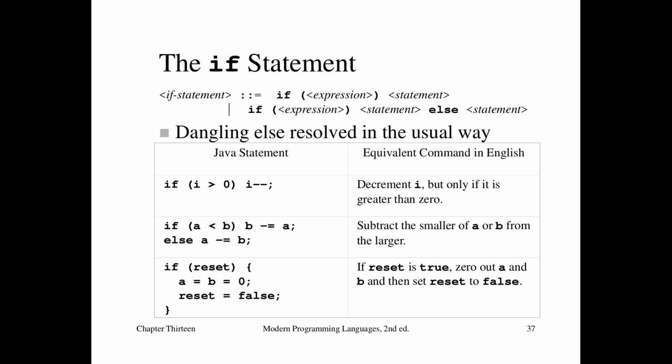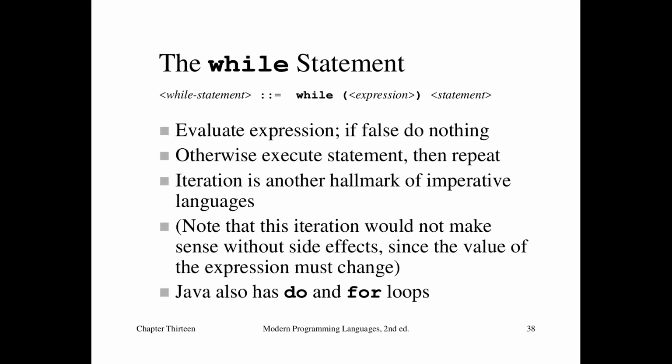Our statement can be a compound statement, giving us the capability to have a statement list as a part of our if and our else as well. So we can do more than one, similar to a let block in ML. And then we resolve the dangling else problem in the usual way, which is that the else is attached to the closest if. So we just have to understand that.